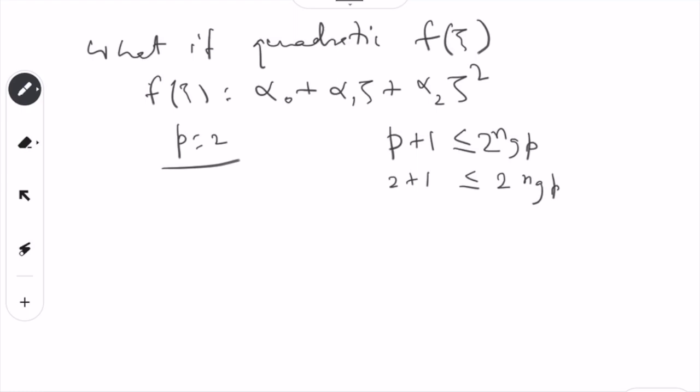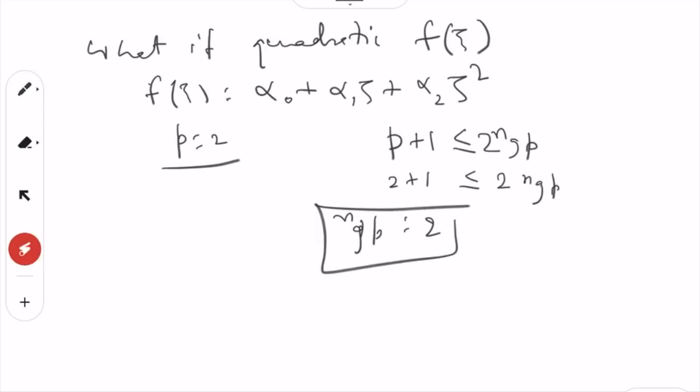So what you see here, NGP has to be equal to 2. Why? Because if NGP equal to 1, then it becomes 2 greater than 3, not possible. Now if NGP equal to 2, this is 4 greater than or equal to 3, so NGP will be 2. So you will need 2 points to exactly calculate this one.